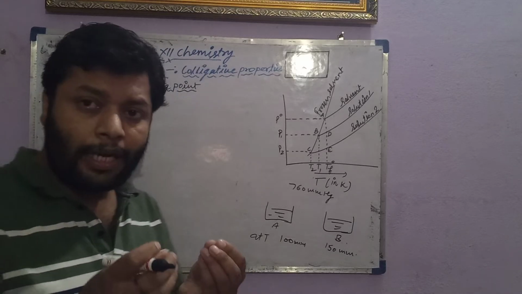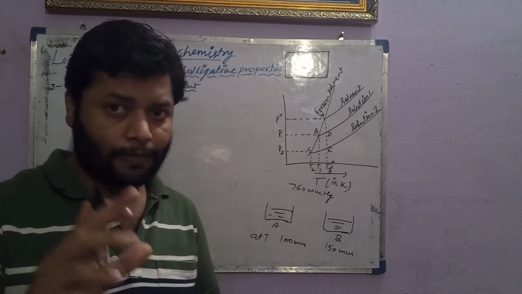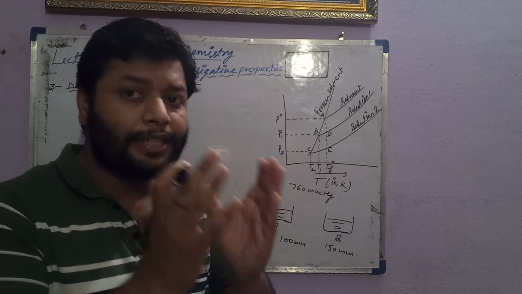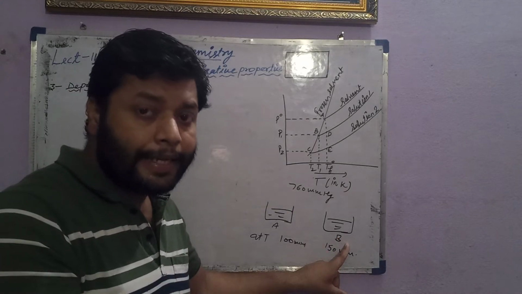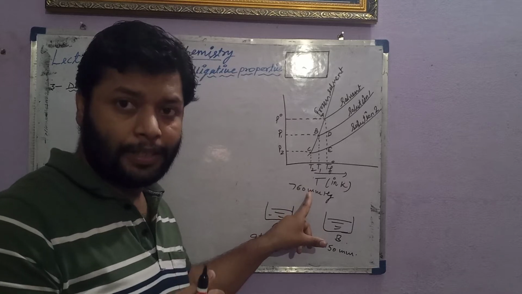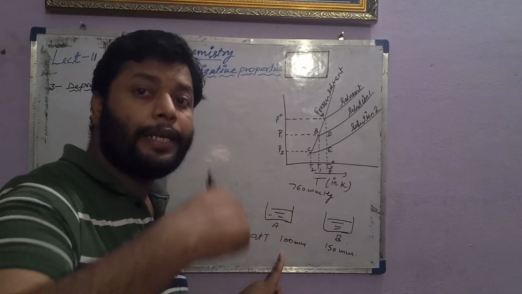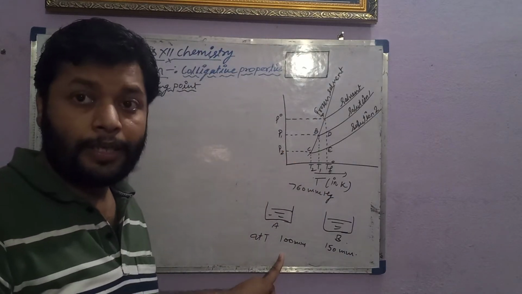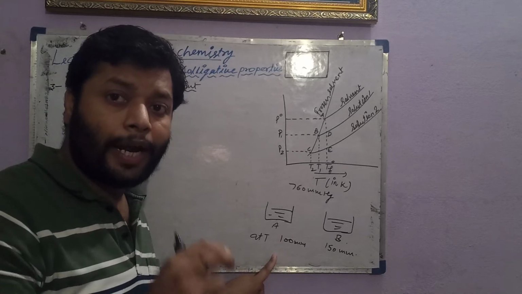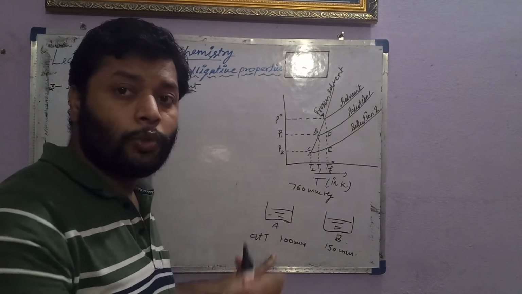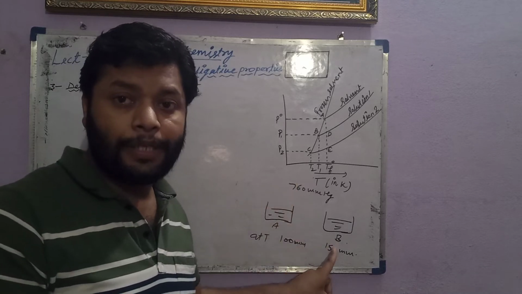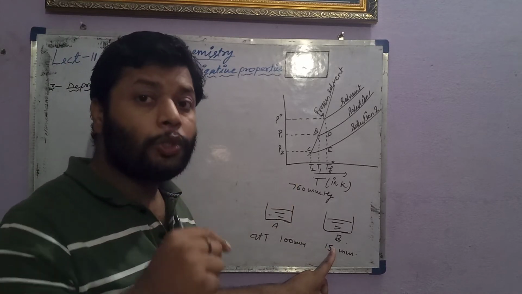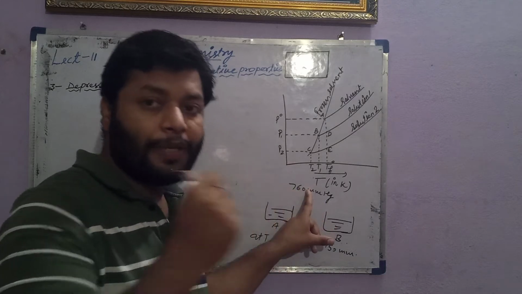So when we start increasing the temperature, solution B attains the atmospheric pressure early and solution A will attain it later. It means solution A requires greater temperature to attain the same outer atmospheric pressure, and solution B requires a lower temperature.